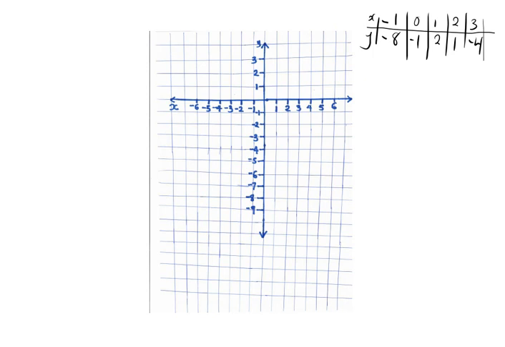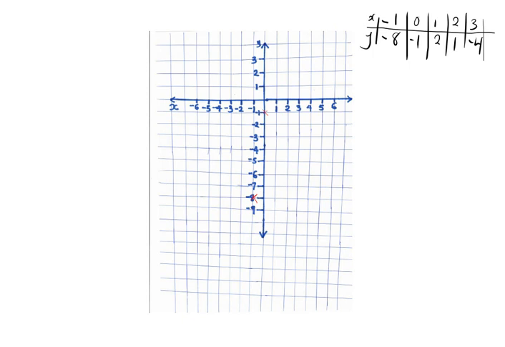So this is how the graph should look like. Here we have x negative 1 and y negative 8 right here. We go to x being 0, y negative 1.